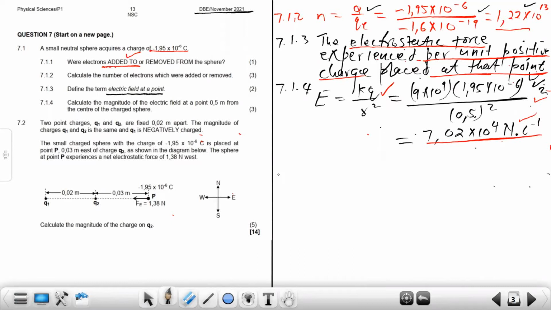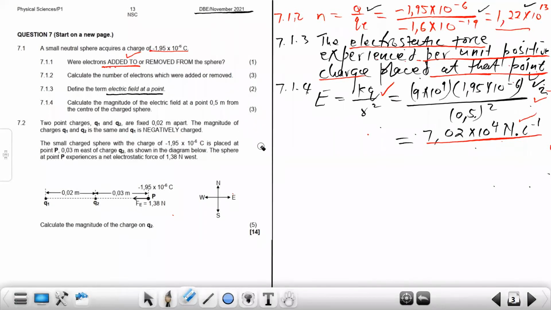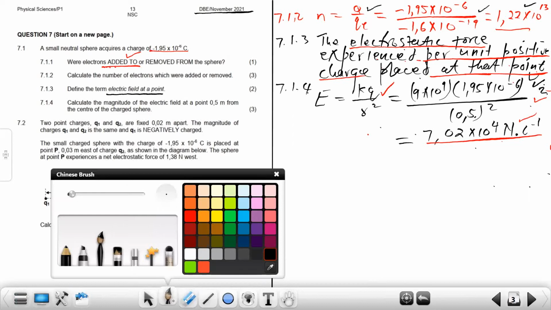The small charged sphere of negative 1.95 multiplied by 10 to the negative 6 is placed at the point 0.03 meters east of charge Q2, as shown in the diagram below. The sphere at point P experiences the net electrostatic force.